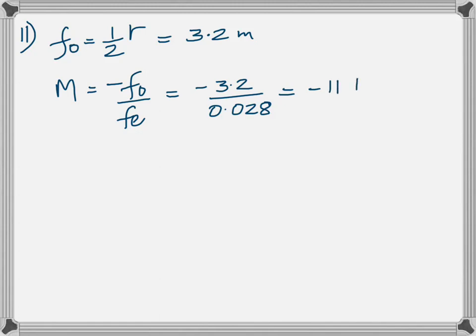The objective is 2.8 centimeter, that's 0.028 meter. So this is capable of magnifying negative 114 times. Negative, again, remember, shows that the final image is a virtual image. Now that brings us to the last one.